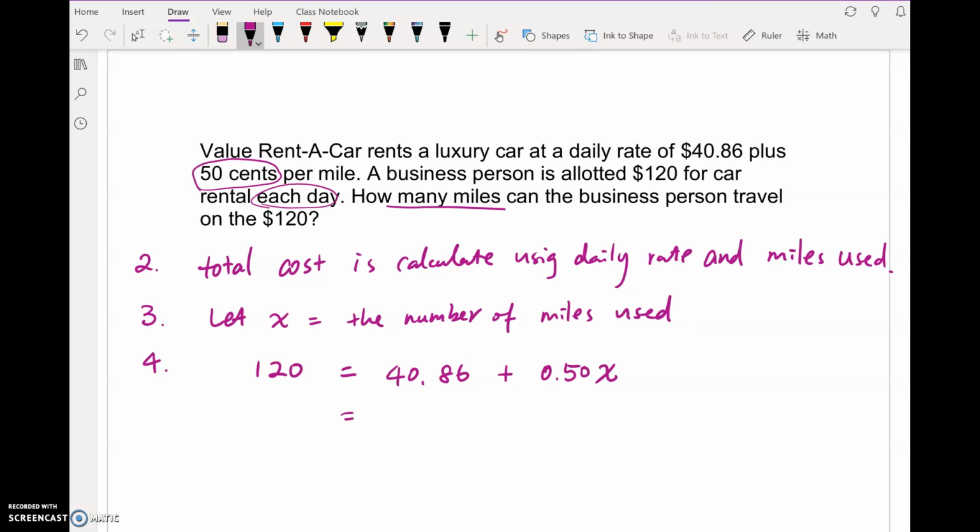And then to solve it, we have 79.14 by subtracting 50.86 on both sides, and then divided by the 50 cents.